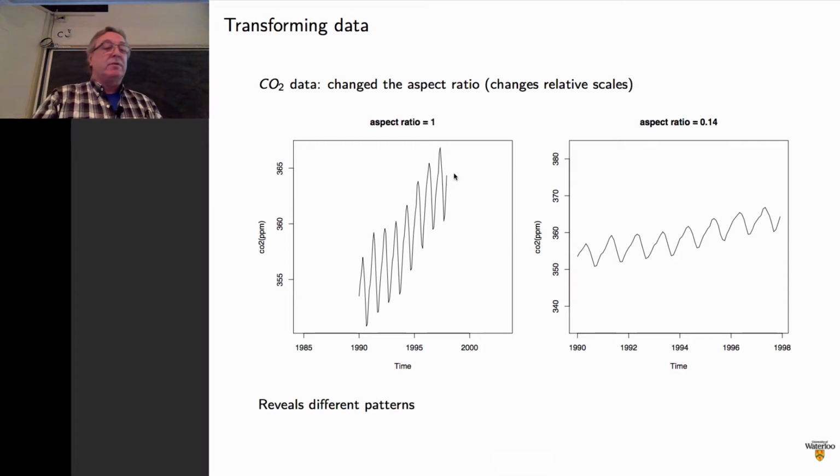Largely those patterns that were near a 45-degree angle seemed to stand out, so we could see trends or the cyclical behavior. That's really just a change in the relative size of the scales of the data. So it's a rescaling in what's being displayed of the data. Okay, so that's what aspect ratio is: changing the relative scales of the data as they appear on the screen.